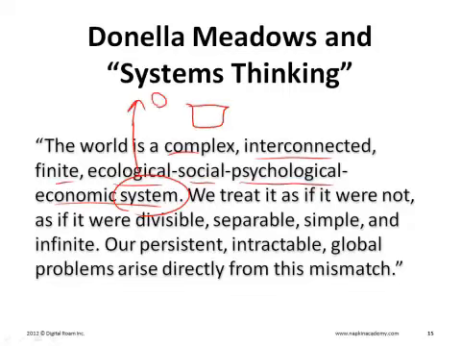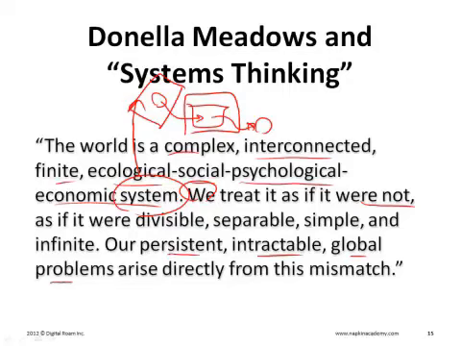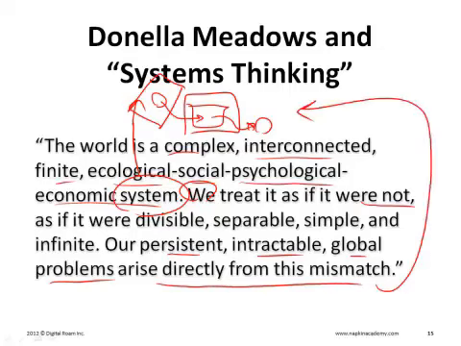Hence, her tub with inflows and outflows. But we treat it as if it were not, as if it were a divisible, separate, simple, and infinite, where we take and we just look at one piece at a time. Our persistent, intractable global problems arise directly from this mismatch. In other words, not being able to look at the world as a system causes massive problems.